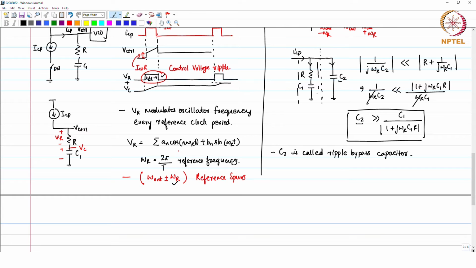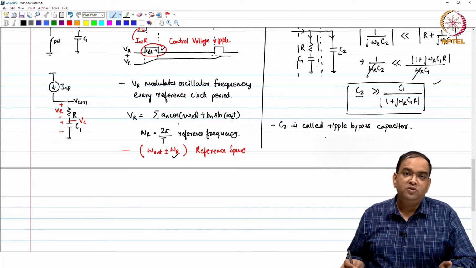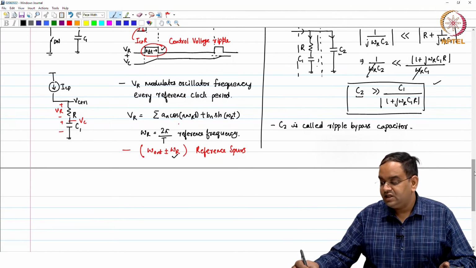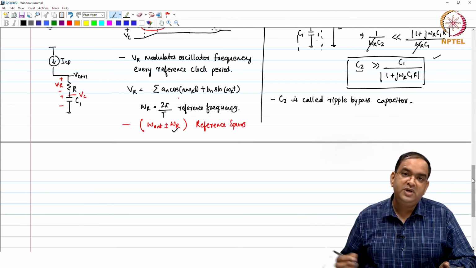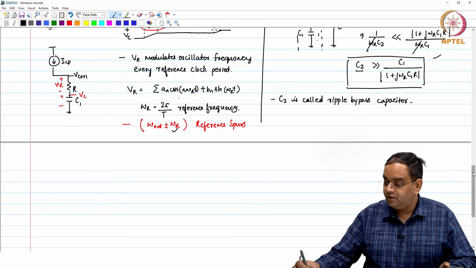Now, if we have C2 as a ripple bypass capacitor, this analysis is just hand waving on the impedance provided by C2, but the combined impedance of R, C1 plus C2 actually introduces another pole in the loop filter, which increases the order of the PLL and questions the stability of the PLL.